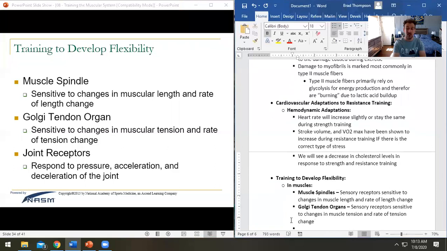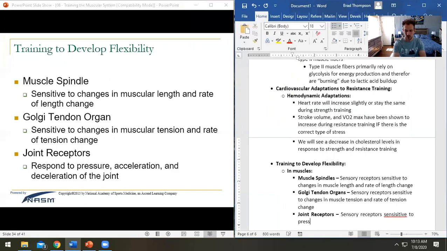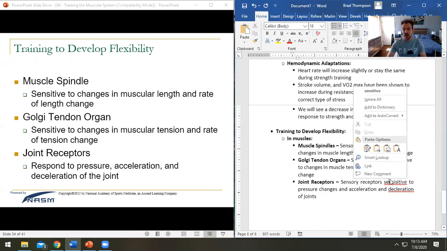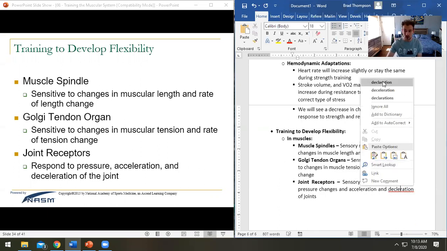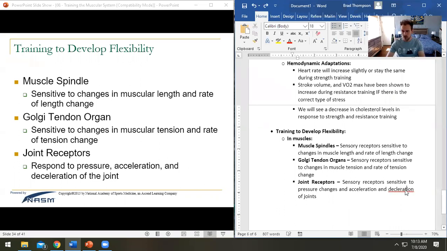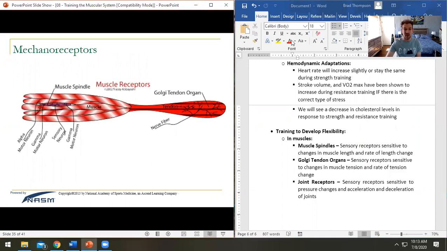And we'll see primarily joint receptors, which are sensory receptors sensitive to pressure changes and acceleration and deceleration of joints, right? Those are the main things giving our body proprioception. This is how your body understands where it is.